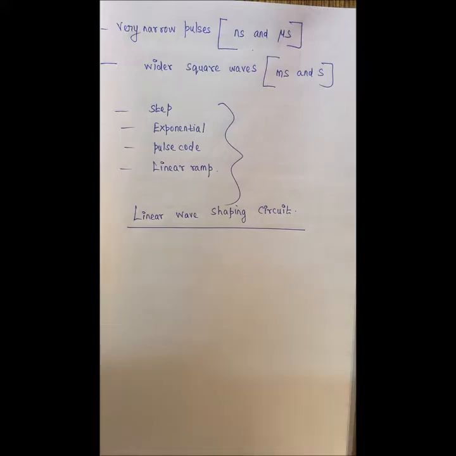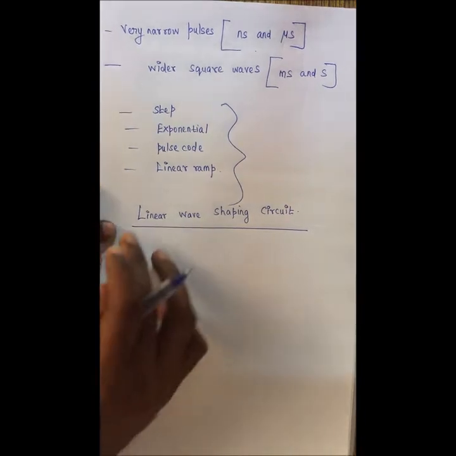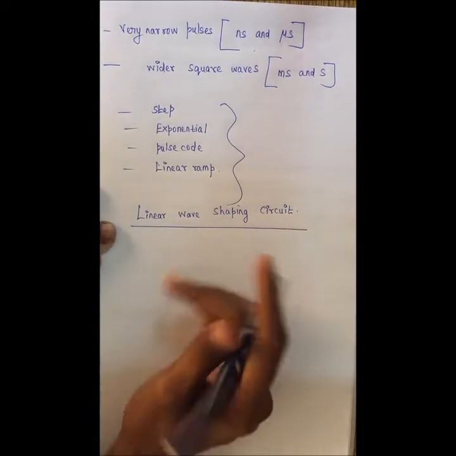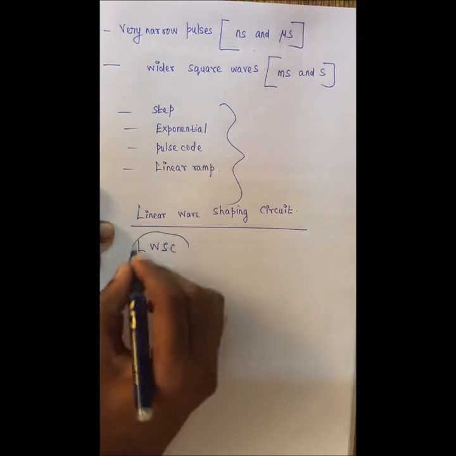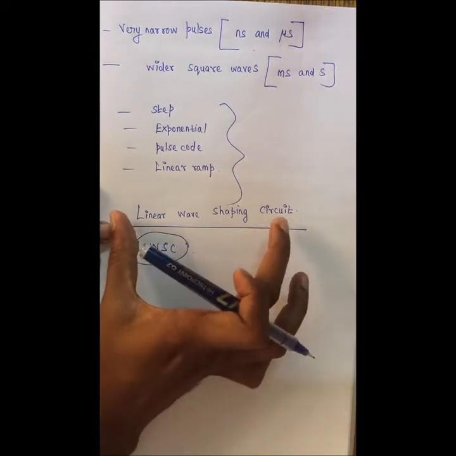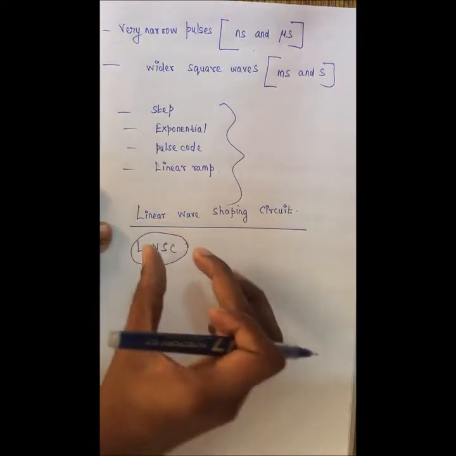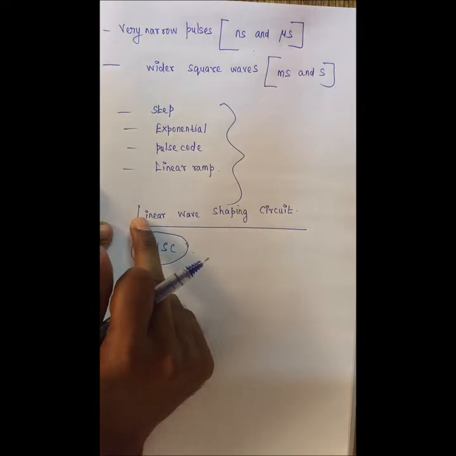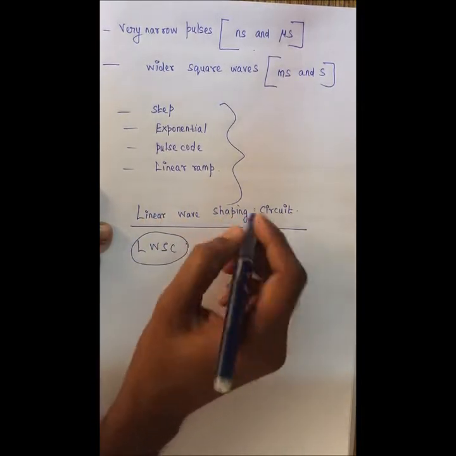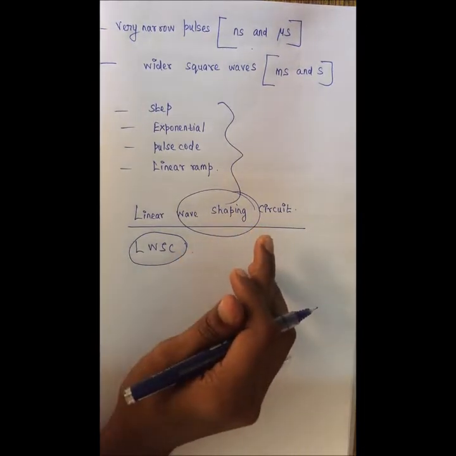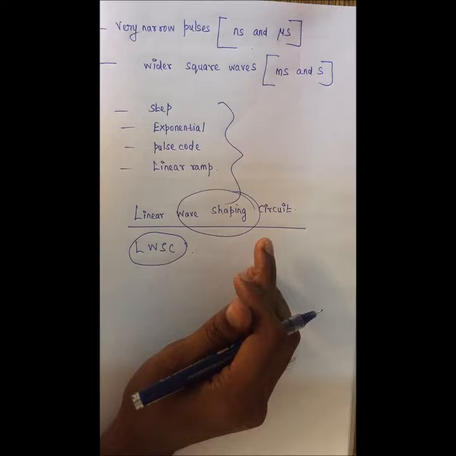So our title of the subject is pulse and wave shaping circuits. In that, the very important category is linear wave shaping circuit. Now, what is this linear wave shaping circuit? In the terminology itself, you can understand linear in the sense the circuit is made up of linear elements. Wave shaping in the sense this circuit is going to shape a given input signal.